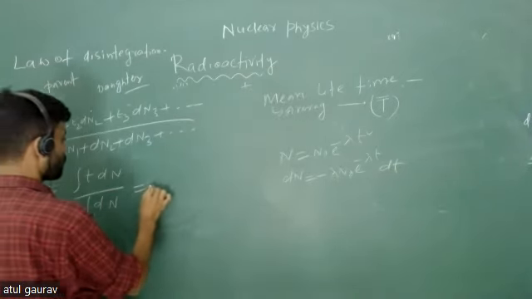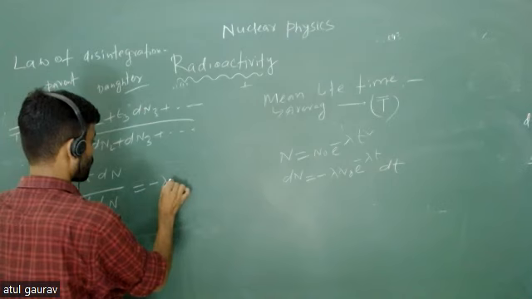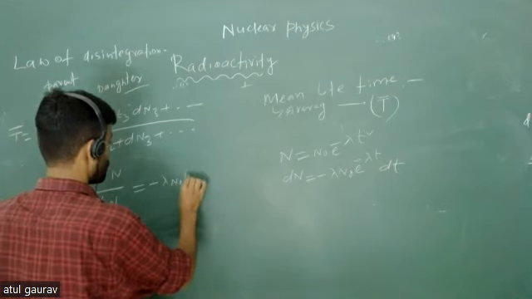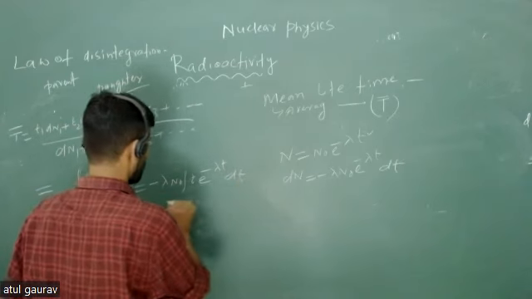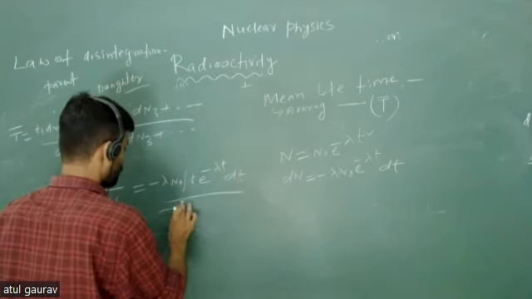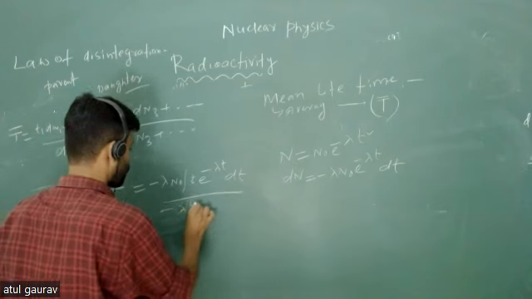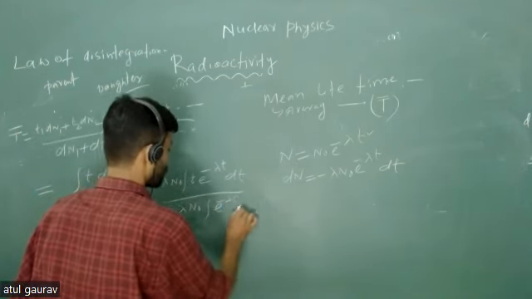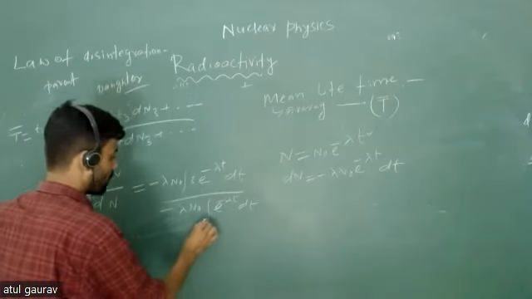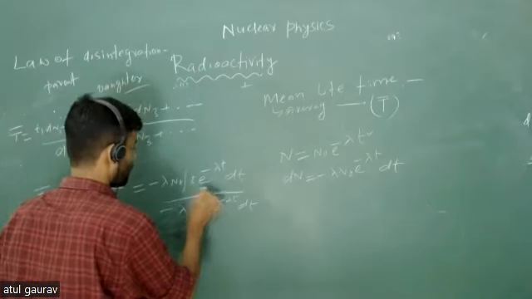I'll substitute it here. So you'll get lambda N naught t exponential minus lambda t dt divided by minus lambda N naught exponential minus lambda t dt. Initial time is 0 and final time is infinity.